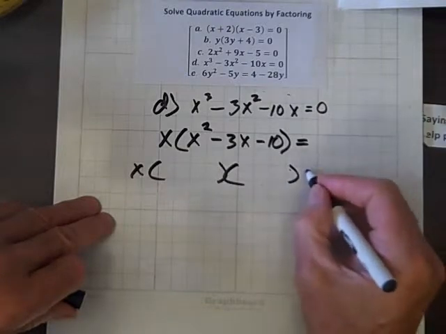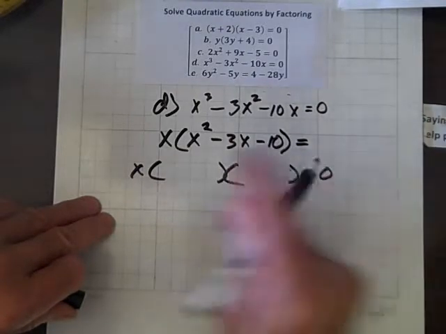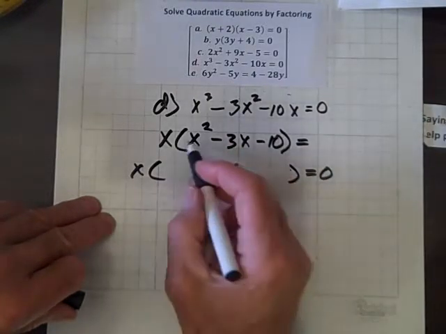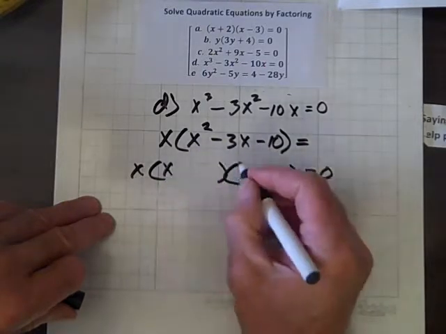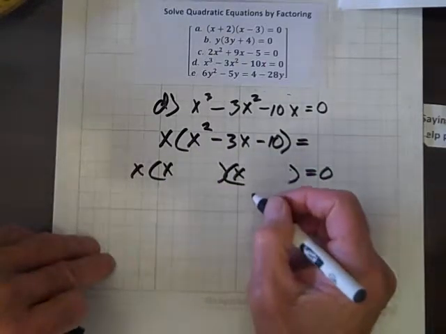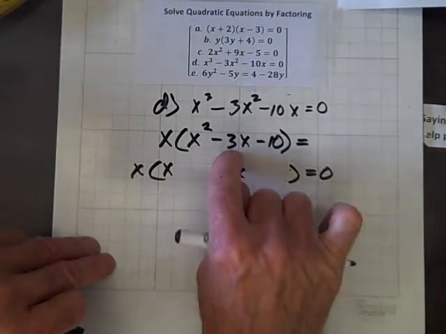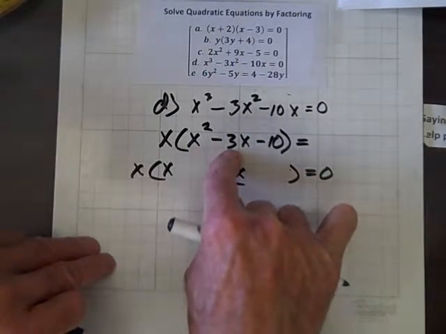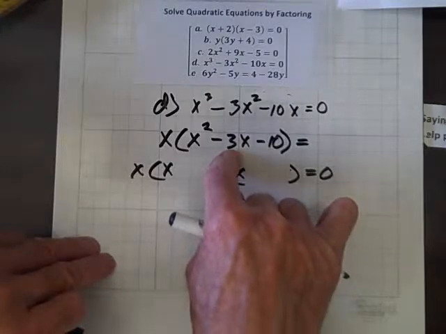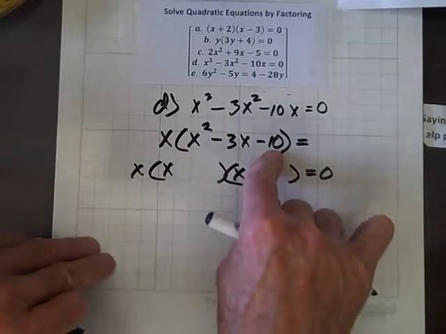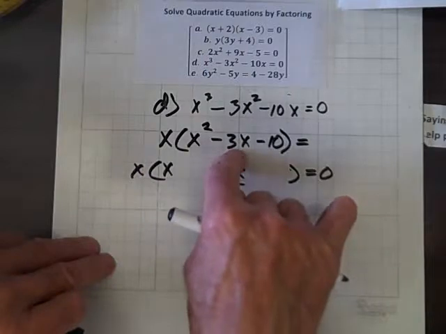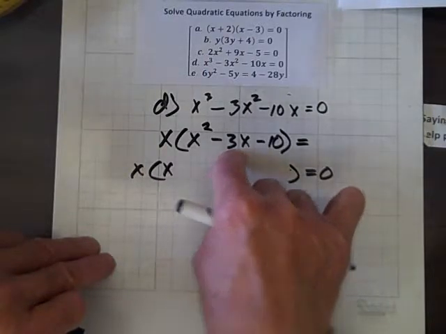Every quadratic, if it's going to factor, the factors are going to be of this form. The leading term in each case will be x. And now, since the first and last signs disagree, we know this negative 3x is a difference. So what factors of 10 have a difference of 3?